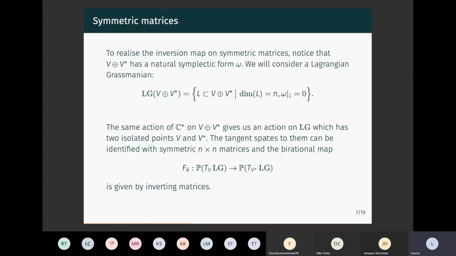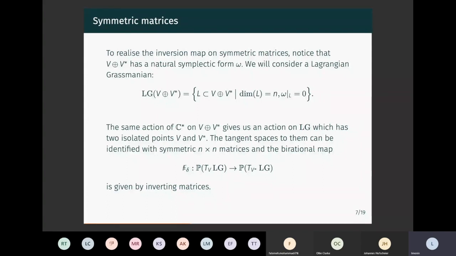The two isolated fixed points are still there: V itself is a Lagrangian plane, and V dual is also a Lagrangian subspace of V plus V dual. So both isolated fixed points belong to the Lagrangian Grassmannian, and they are the only isolated fixed points there.